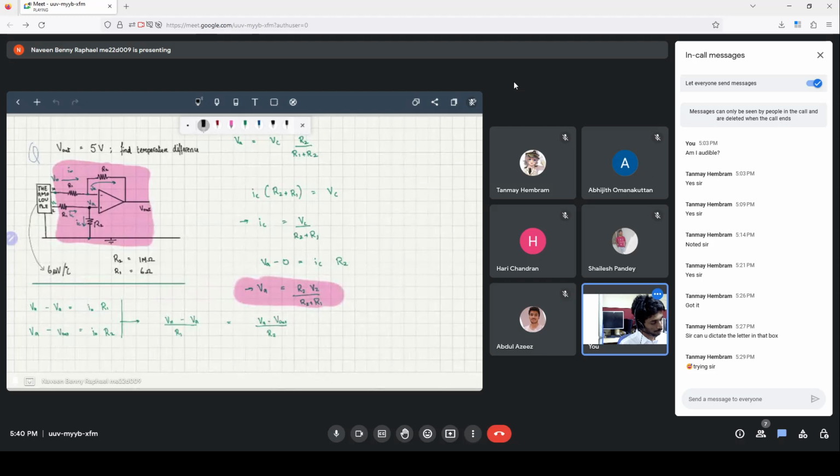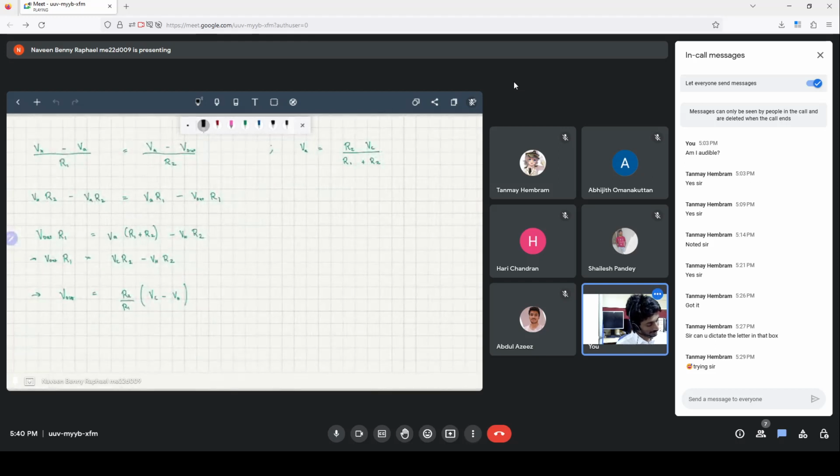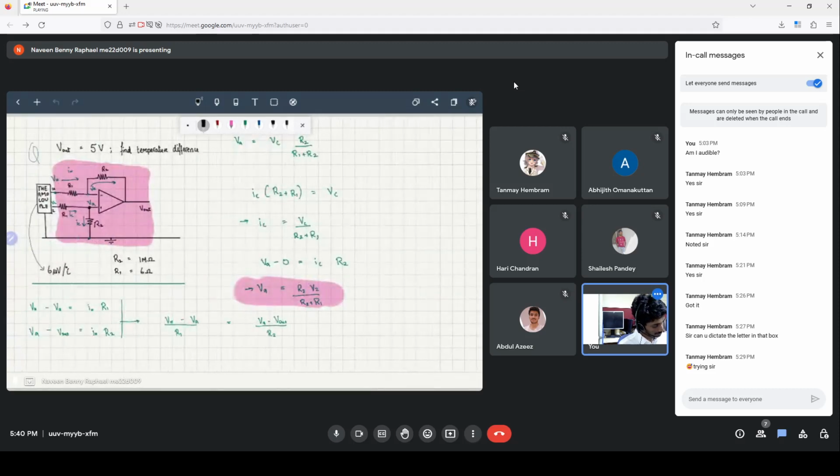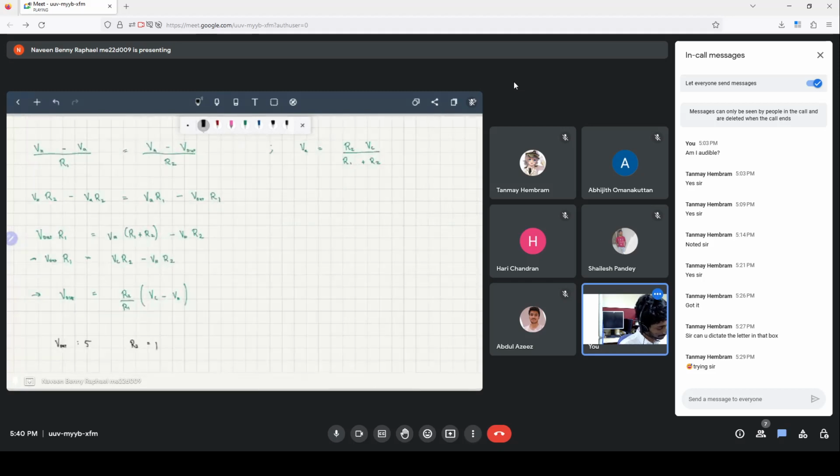In this question, we are told that V out is equal to 5, R2 is equal to 1 mega ohm, and R1 is equal to 6 ohm, and therefore we can find VC minus VH.